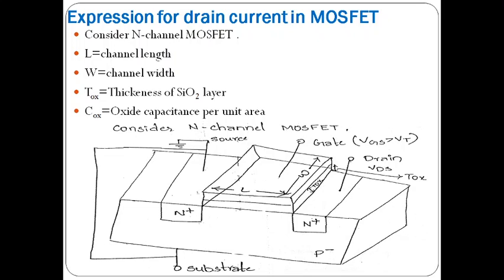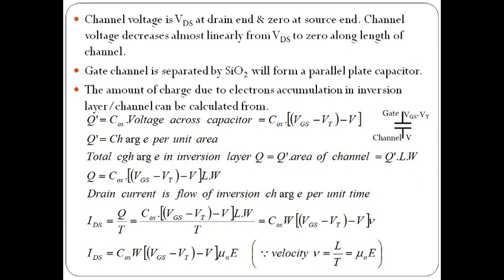Clear? To create the channel in the enhancement MOSFET, we must apply a gate voltage that is always greater than the threshold value of the device. For a MOSFET, the net gate voltage, or overdrive voltage, is equal to VGS minus VT.